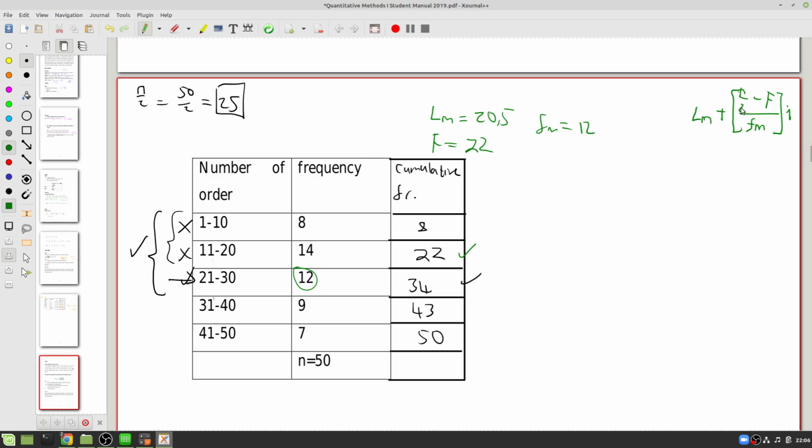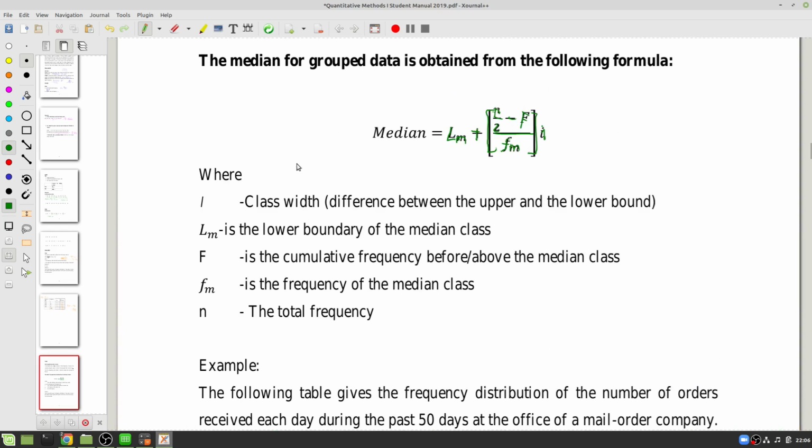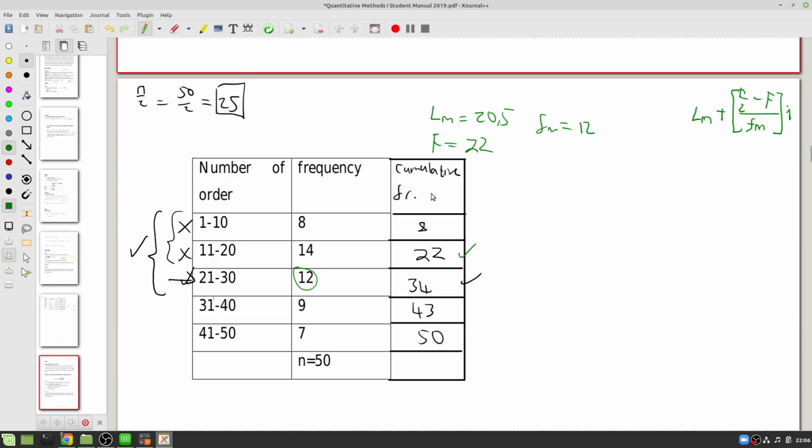So we've got the LM, the F, the FM, and we still need the I. The I is the class width, which is just the difference between upper and lower bound. Probably in all the cases we're going to see, all the class intervals are going to be the same width, because that's quite a nice way to represent data.